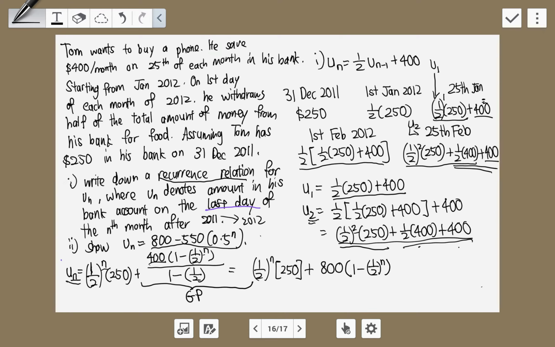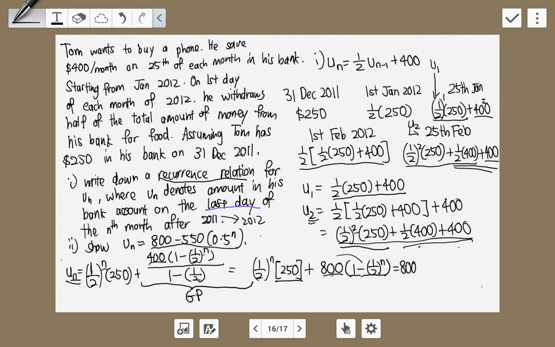Okay, so when we multiply 800, I will get 800 multiplied by 1, I will get 800. Then 800 multiplied by my minus will be minus 800 times half to the power of n. This is 250 multiplied by half to the power of n. This is 800 multiplied by half to the power of n.